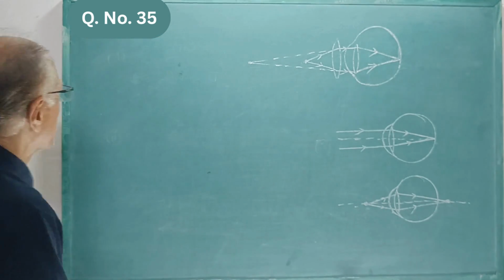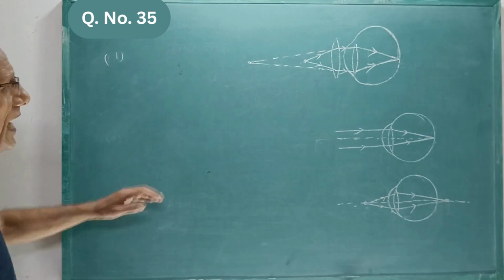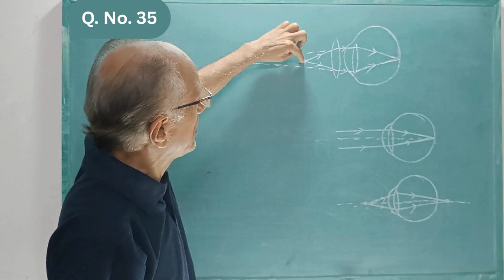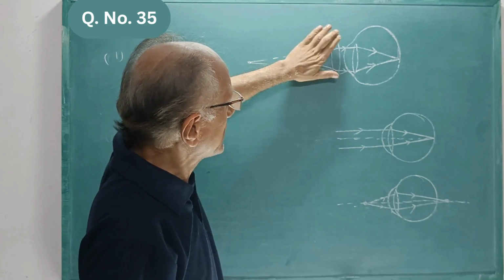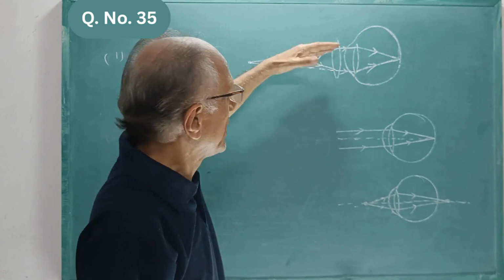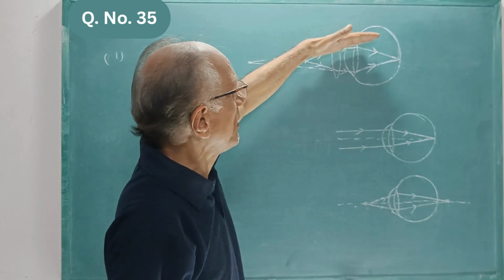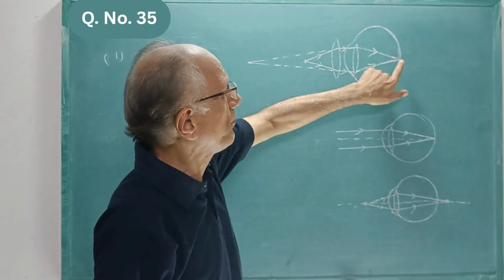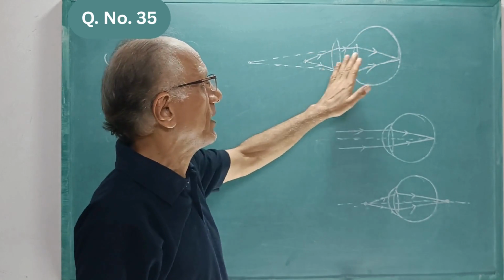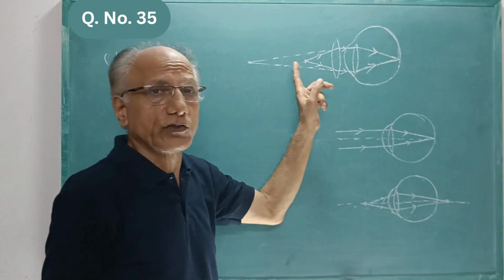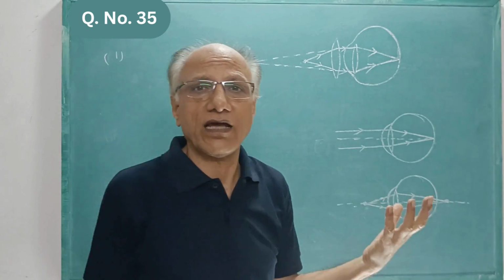So here, the first part, as far as we see, this is the object and the rays are coming from here. If this lens is not used, then the rays will not be able to meet at the retina. That means the person having this defect will not be able to see this object. So this object is placed near the eye.